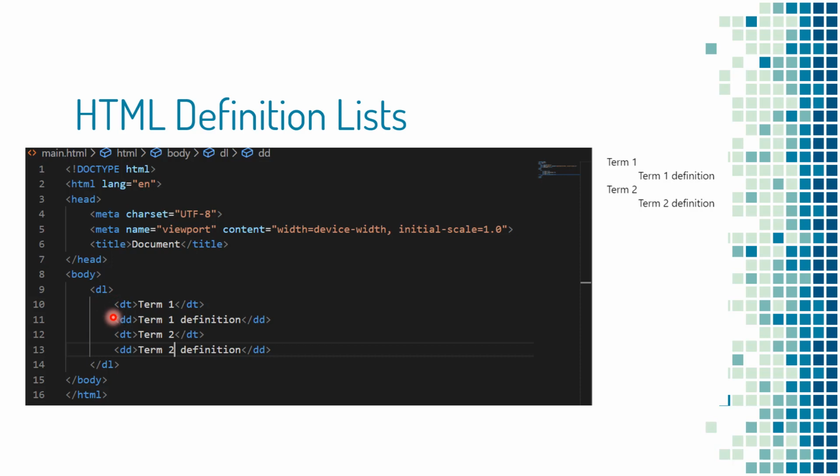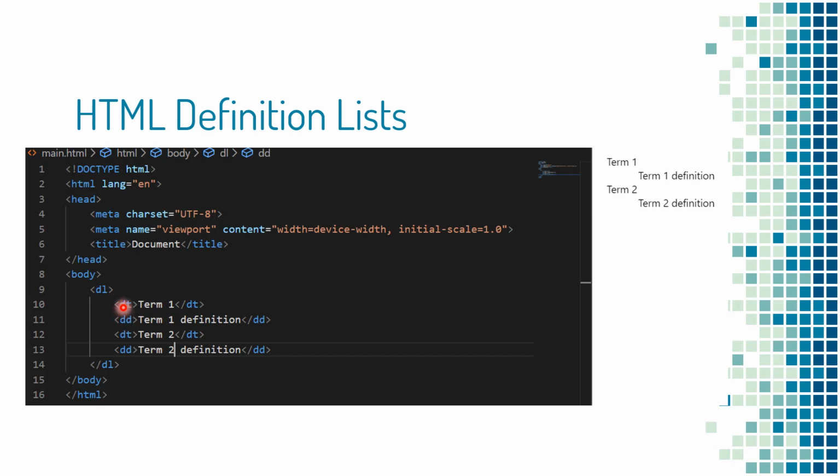Then after you finish listing all these terminologies, which are going to have the same definition, then you can define DD. So it's important for you here to understand that to define a term in your list, you would use DT, and to include the definition for a specific term, then you would use DD.